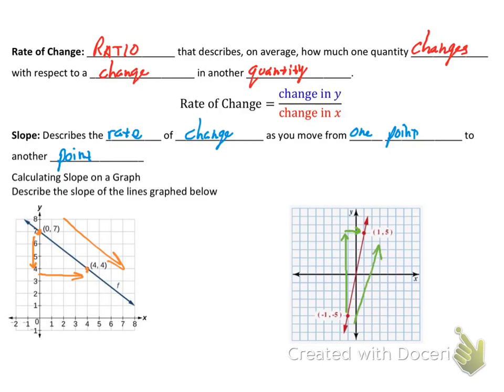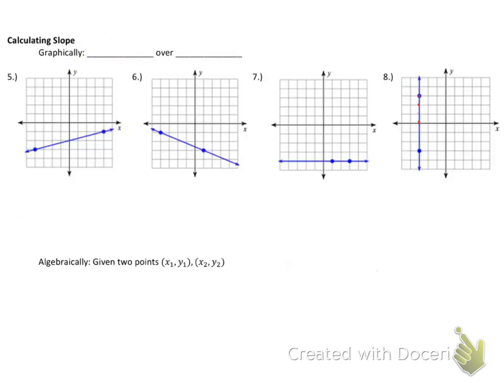So how do I actually calculate slope? If you have a graph, you're going to look at rise over run. Maybe you've heard of that before. The rise is the change in y, your vertical change, and the run is your change in x, because you are changing horizontally.